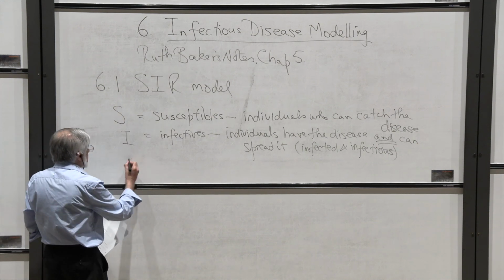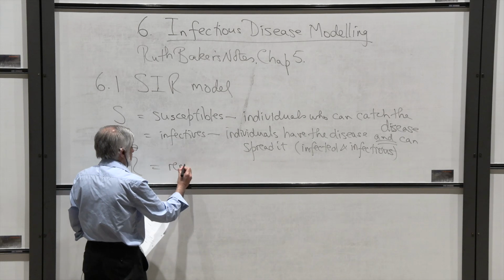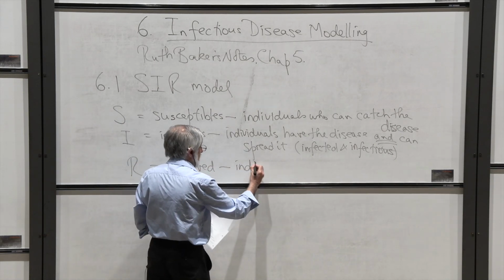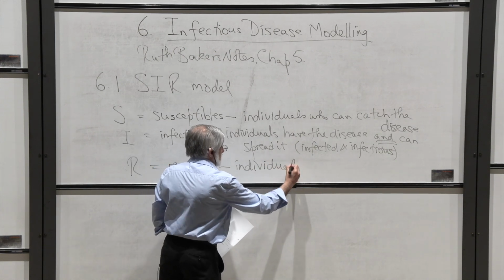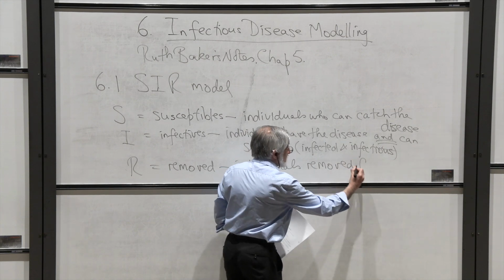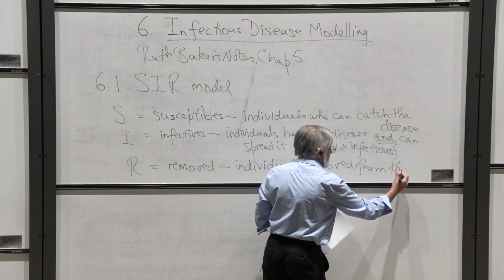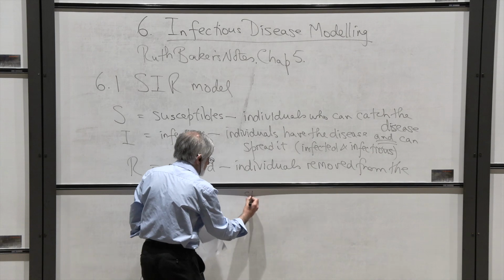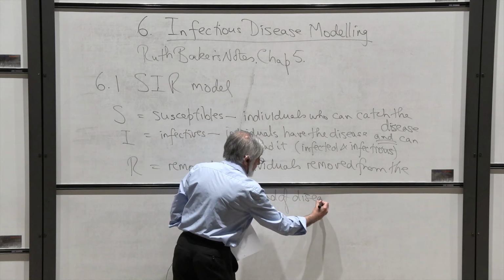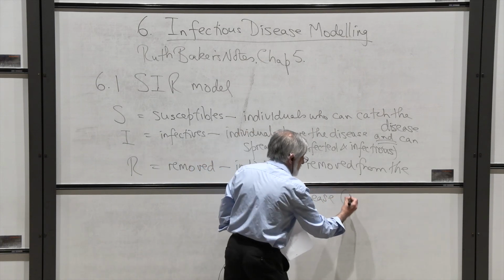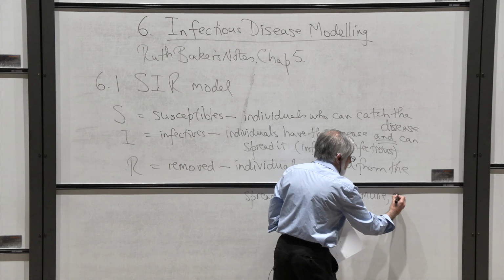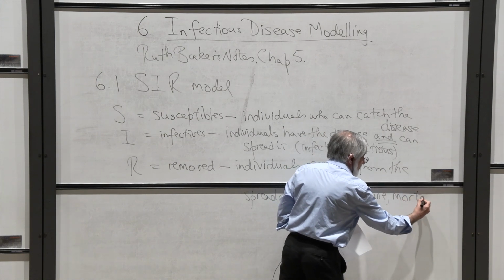Then R is removed. And that means individuals removed from the spread of disease. And that means either they've become immune or they've died.